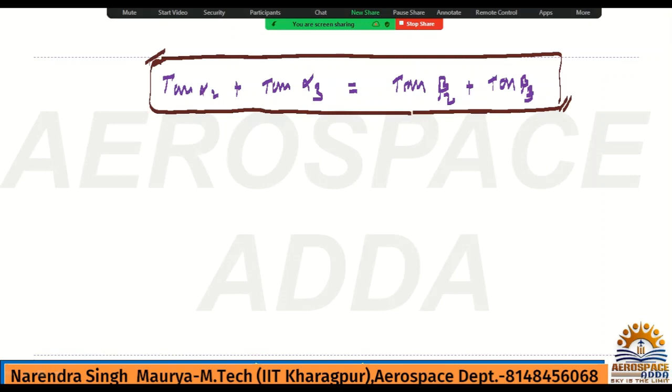Now, after getting this result, we will go for the turbine work, like what is the work produced by turbine, because that is our main motive, because it comes under stage performance. In stage performance, degree of reaction, work, stage temperature fall and stage pressure fall, everything will come under stage performance.